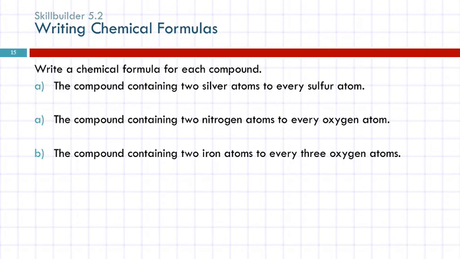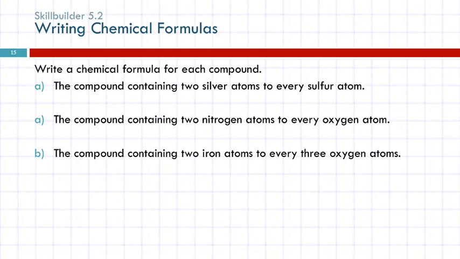So let's write chemical formulas. We have these guidelines for what order to put them in, but in homework problems, exam questions, and even worksheets and experiments, the elements are generally listed in the problem in the correct order. So if you just go with the order they give you, usually that's correct. So let's write some chemical formulas.